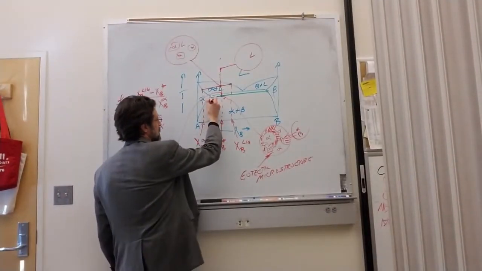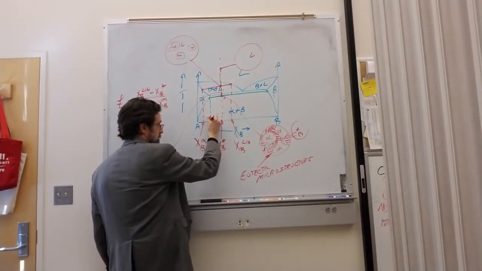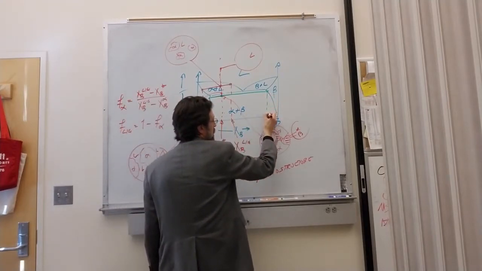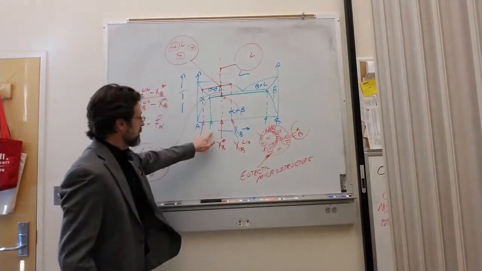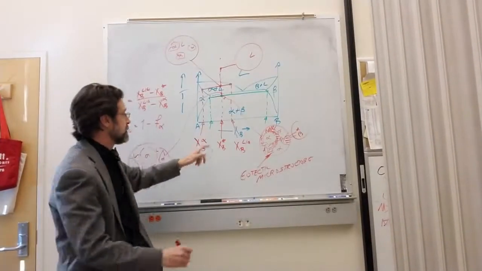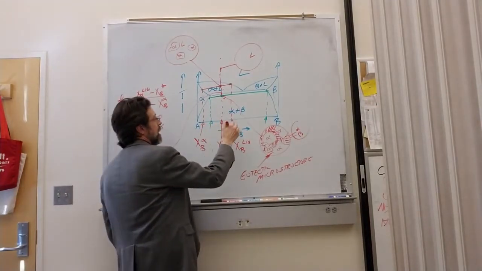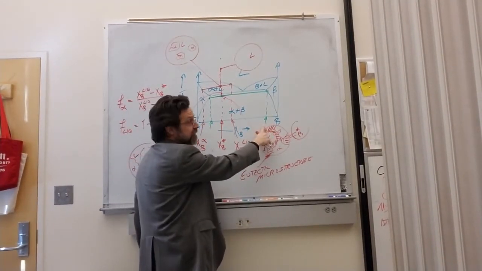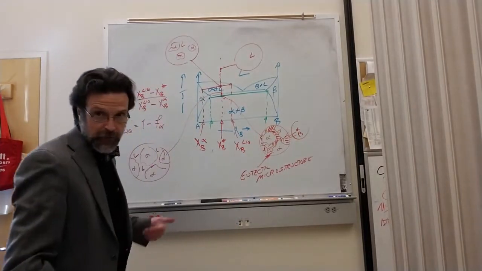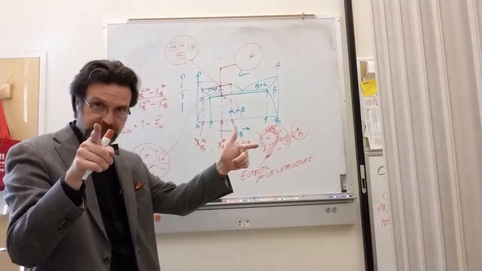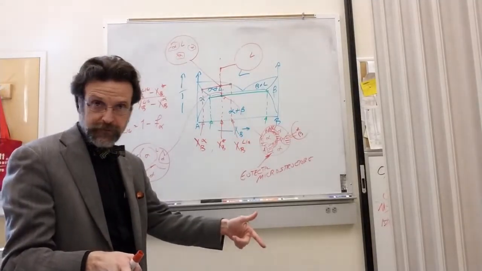We draw a vertical line, sorry. So now that green arrow represents the composition of the alpha, and that green arrow represents the composition of the beta phase. We know that because that's where the horizontal lines touch the phase boundaries, and we draw them down.